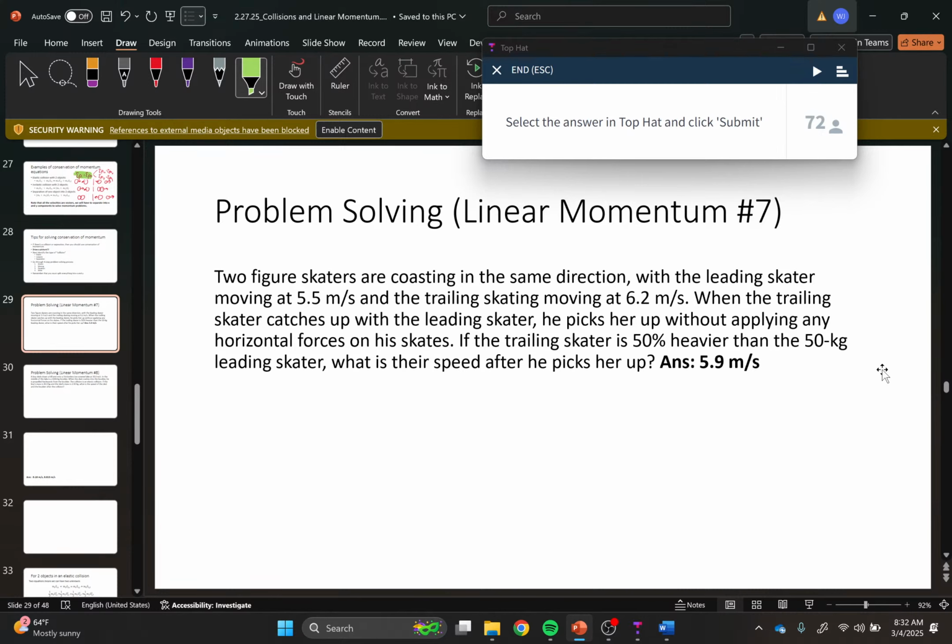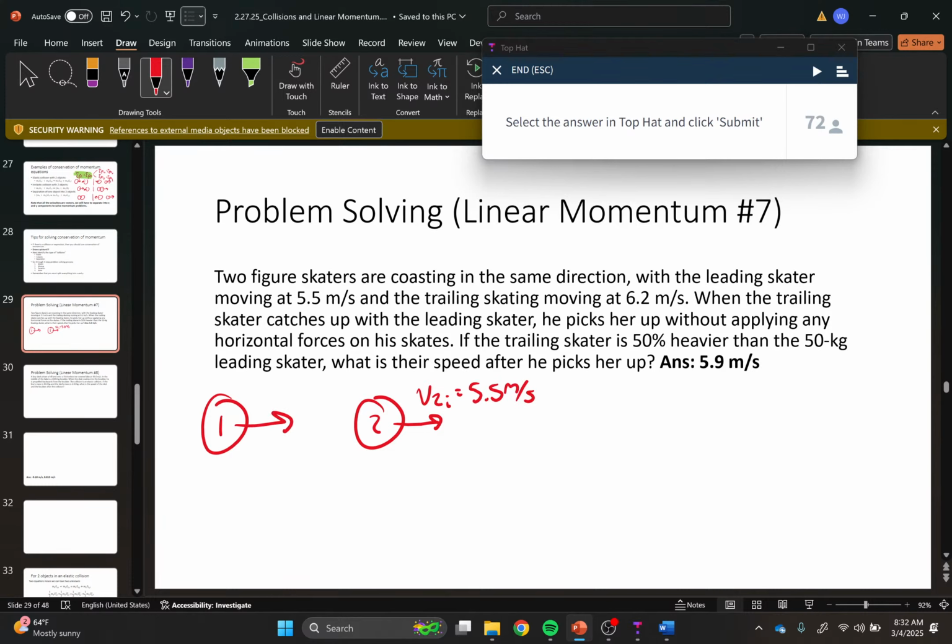All right, so we draw a pretty picture. Here's figure skater 1, here's figure skater 2, and all their blobby goodness. The main thing in this problem you gotta be careful of is making sure you know who's who. The leading skater is going slower, so we're going to call this person 2 and this person 1. So V2 initial is 5.5 meters per second.